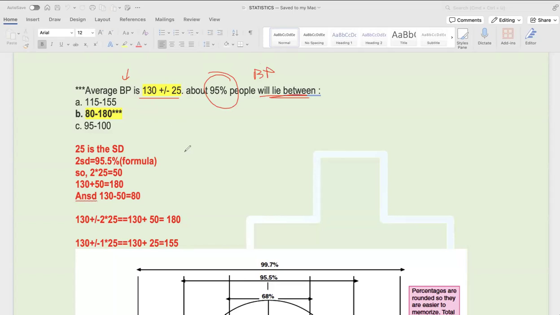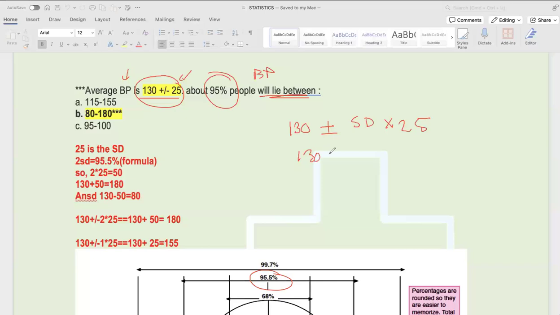So in here, what we just do is 130 plus minus standard deviation times 25. That's the math. So everything is the same. You just need to bring the standard deviation and multiply by this 25 here. They're asking 95. 95 means 2 standard deviations, right?